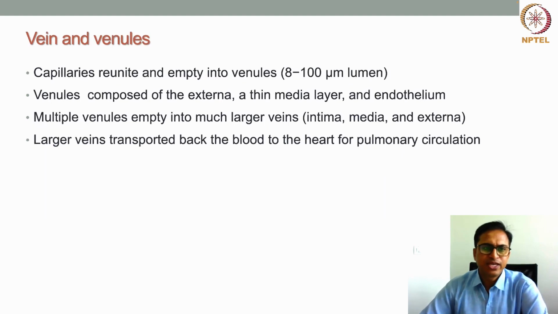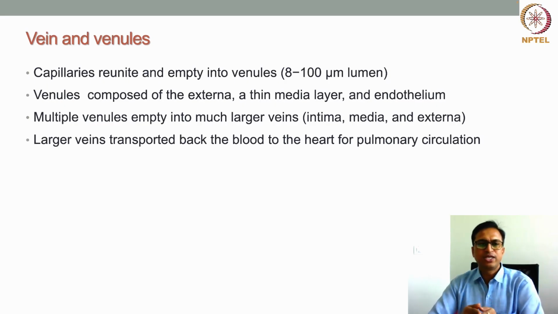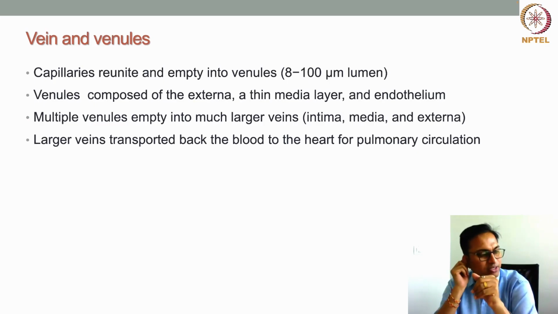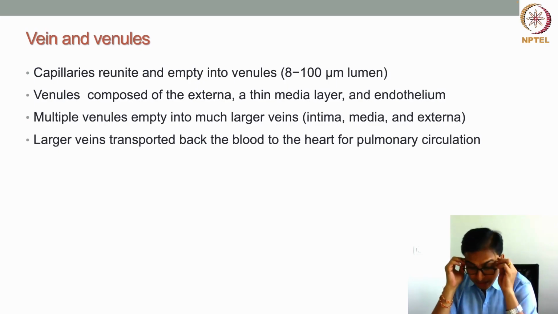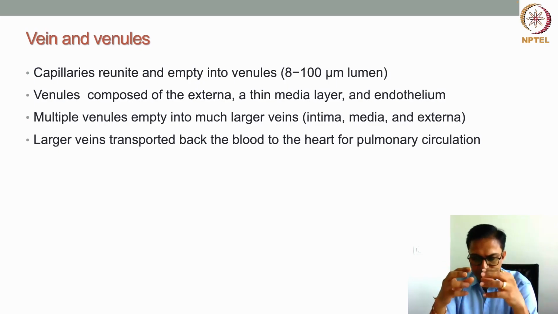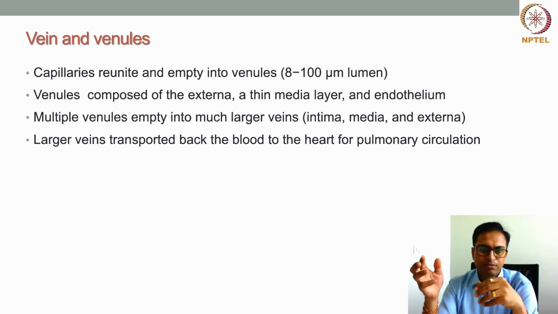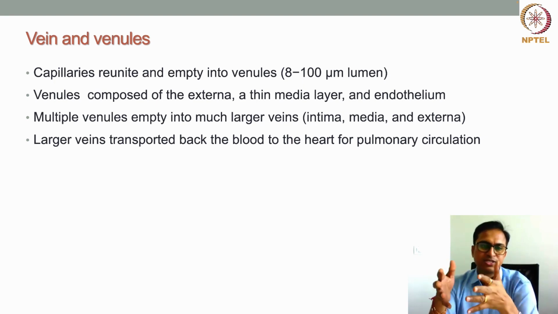The next thing is the veins and venules. From the tissue bed, the capillaries reunite and form the venules, so that they empty all the blood into the venules. The venules typically range from 8 to 800 microns of lumen diameter, and after the capillary, they carry the blood. From venules, the blood comes to the much larger veins.